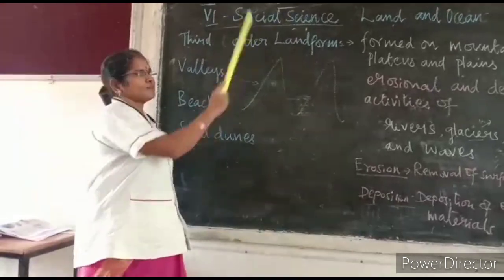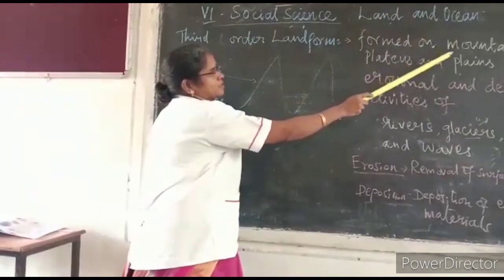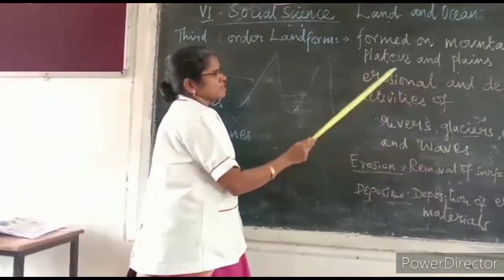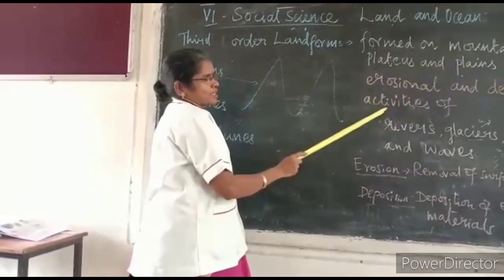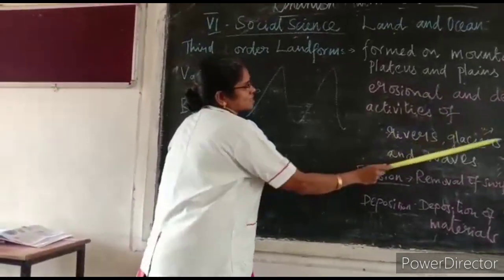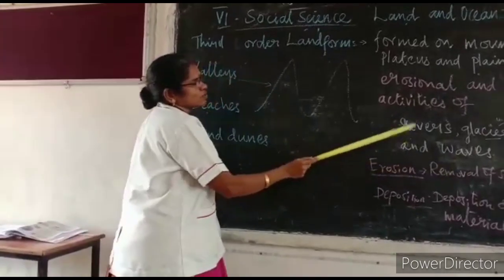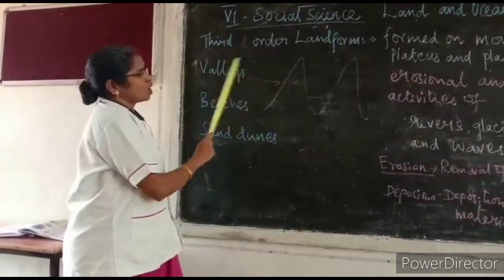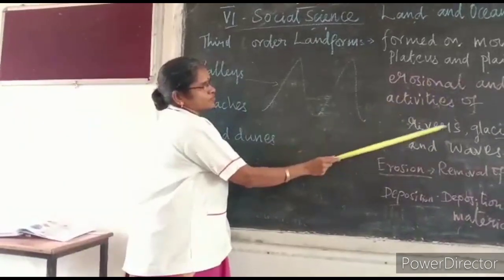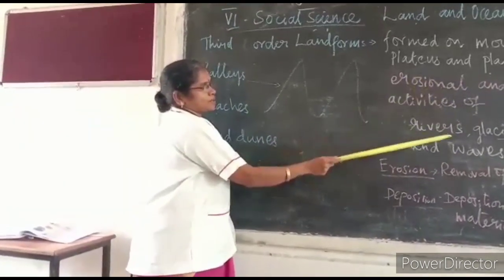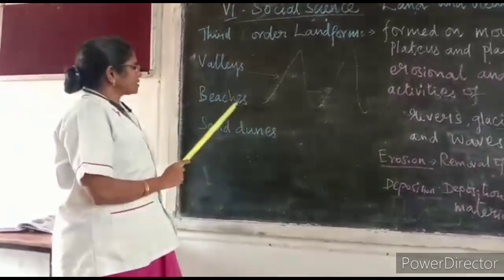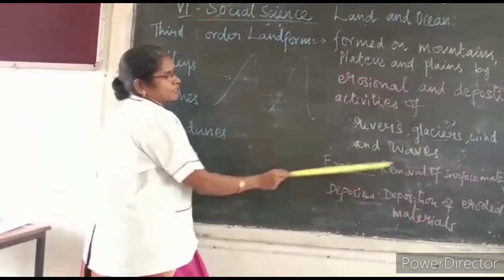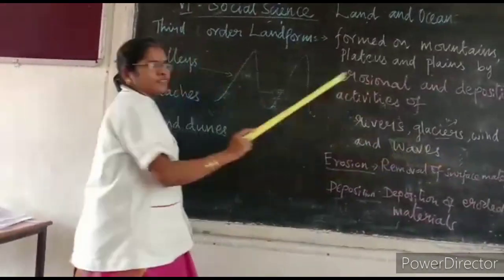Third order landforms are formed on the second order landforms by erosional and depositional activities of rivers, glaciers, wind and waves. The valleys are formed by erosion by rivers, and the beaches and sand dunes are formed by the erosion and deposition of wind and waves.